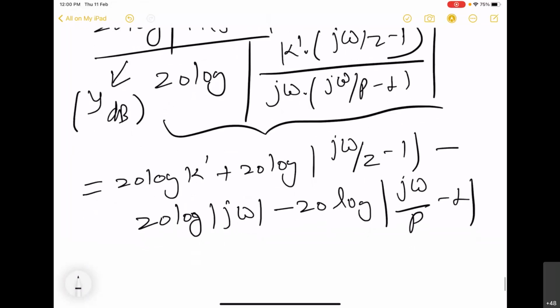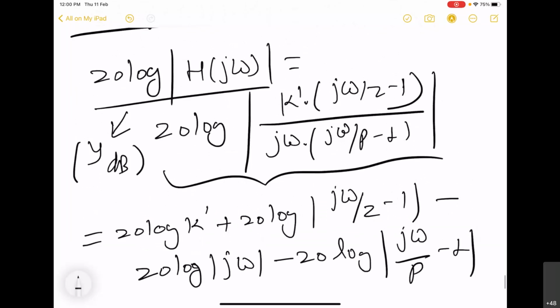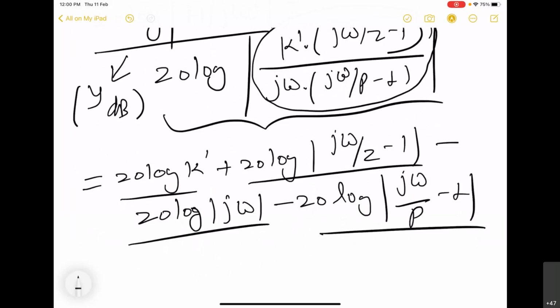Do you see that now the advantage of log has been revealed? Instead of plotting this big complicated expression, one can plot four simpler curves and add them, or maybe subtract them. Subtraction and addition are both similar in nature here. So this is the advantage of the log axis.